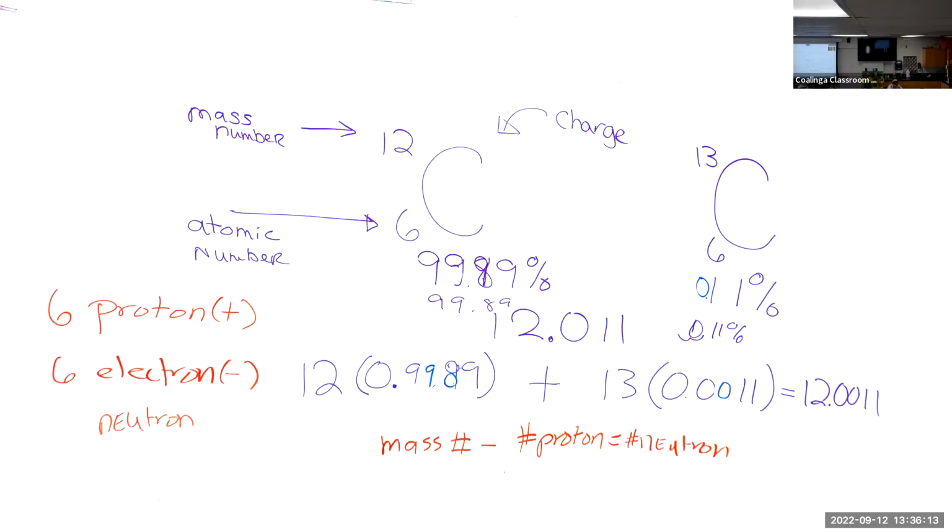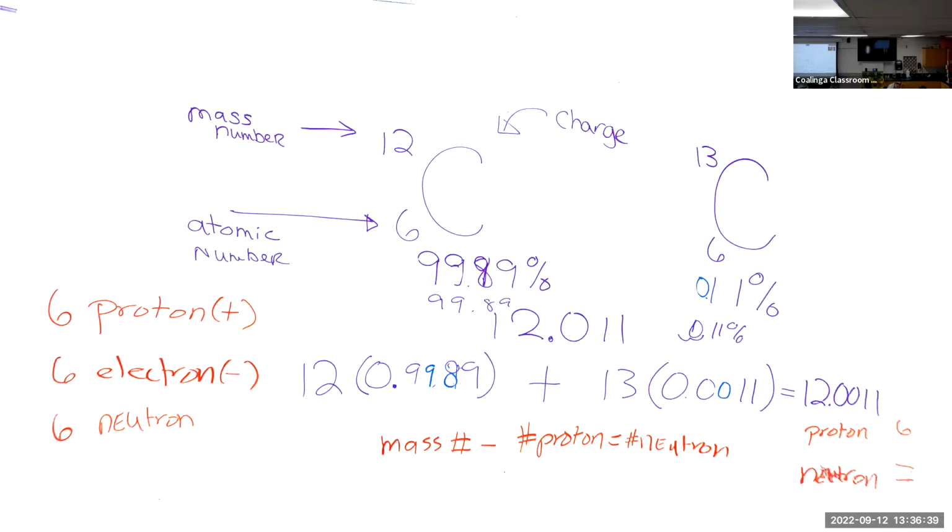Okay, so then how many neutrons does carbon have? 6 for carbon 12. How many do we have for carbon 13? 7. How many protons? 6.